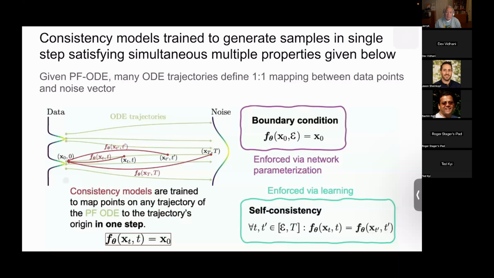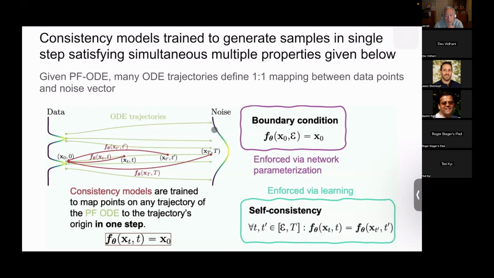We know that there is a one-to-one bijection in the ODE trajectory between the data points and noise vectors. So if this is how we started and this is the noise point, and to answer the previous speaker's question, if we started from here, we should land here, depending on how good our function is, but in the vicinity of this.